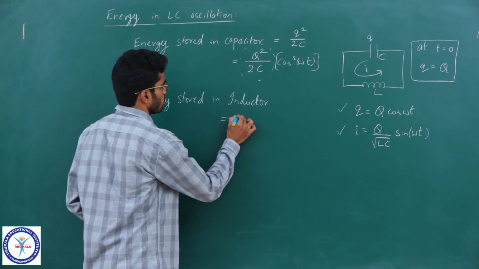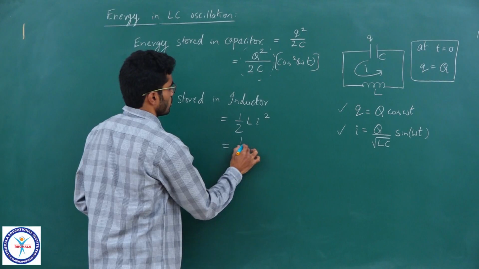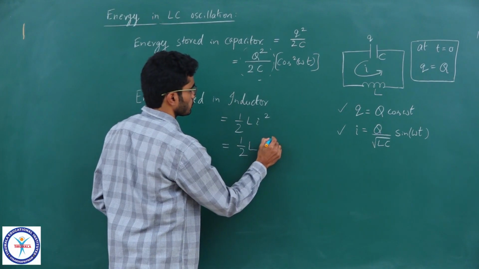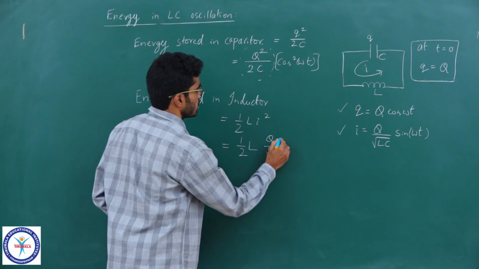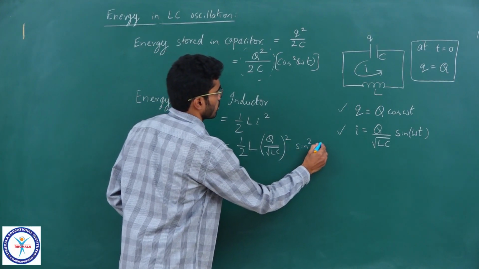Similarly, for the inductor, you can write half L i square. So at any time t, half L into i square gives you q by root LC square sine square omega t.